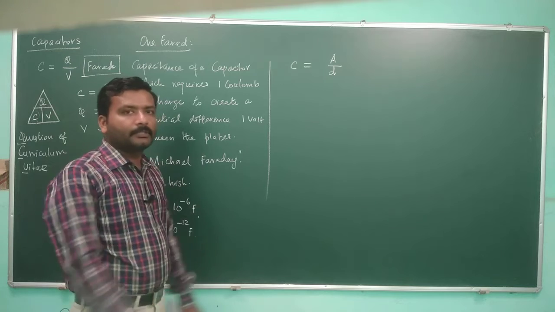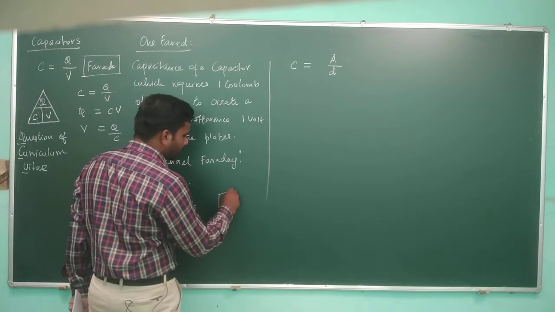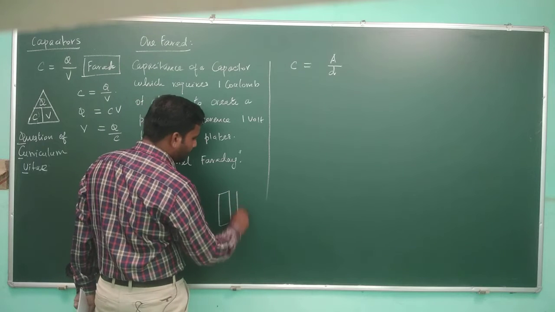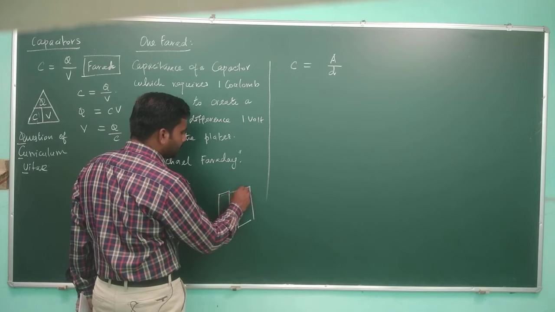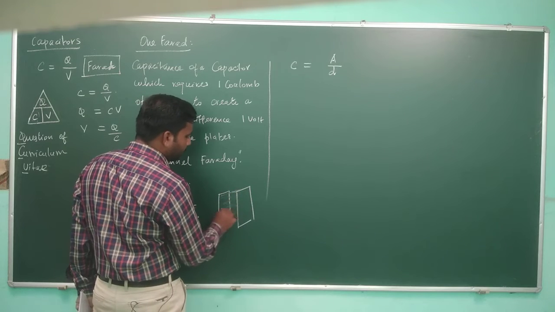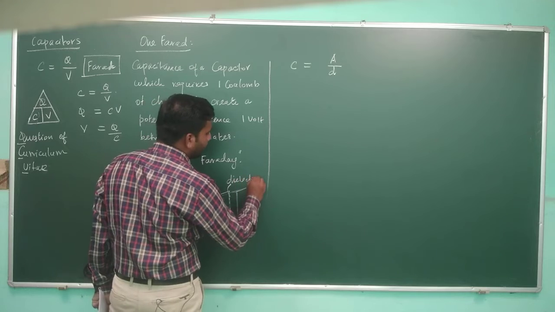And you have to include one more point: if we have a capacitor with parallel plates, there is also something filled between these plates, which we have denoted as dielectric material.